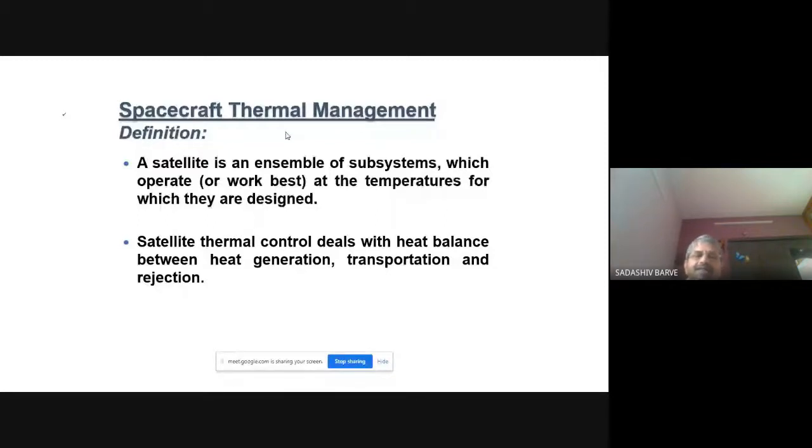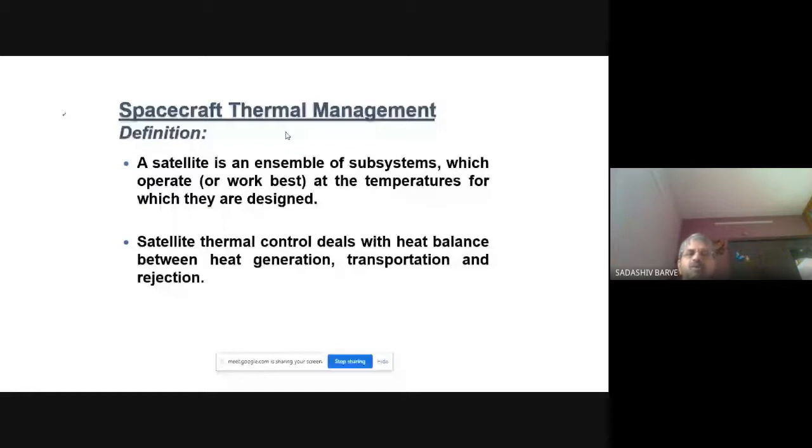Similarly, whenever the satellite's temperature goes low, certain components, for example some diodes or some of the chips, can crack. So low temperature can also create some kind of problem.